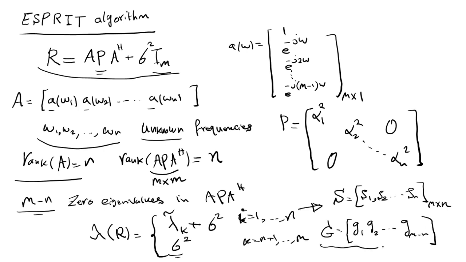This forms the noise subspace, and the matrix S forms the signal subspace. MUSIC algorithm is based on G, but ESPRIT algorithm is based on S.